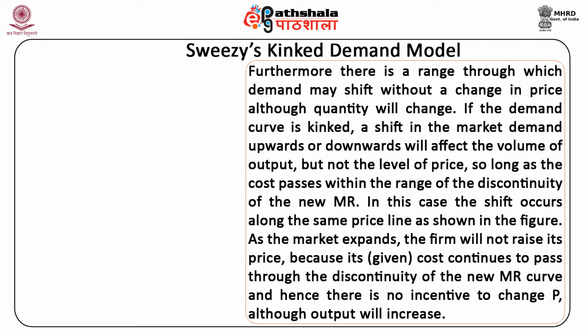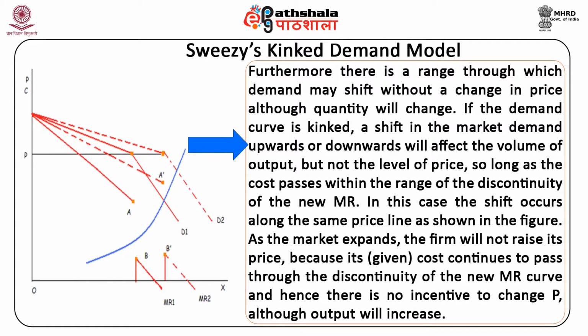If the demand curve is kinked, a shift in the market demand upwards or downwards will affect the volume of output, but not the level of price, so long as the cost passes within the range of the discontinuity of the new MR curve. In this case, the shift occurs along the same price as shown in the figure.